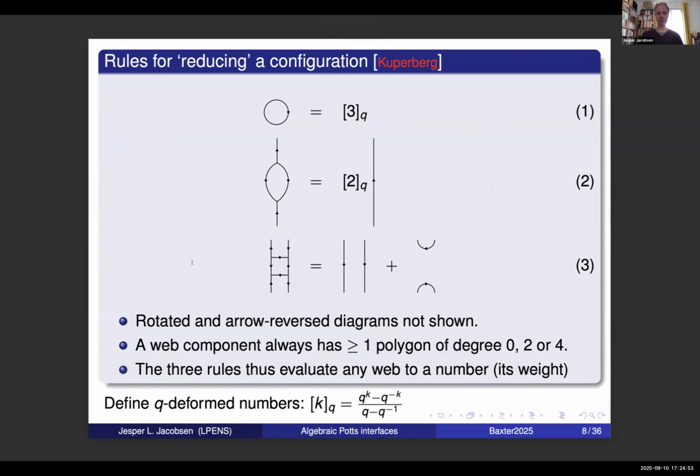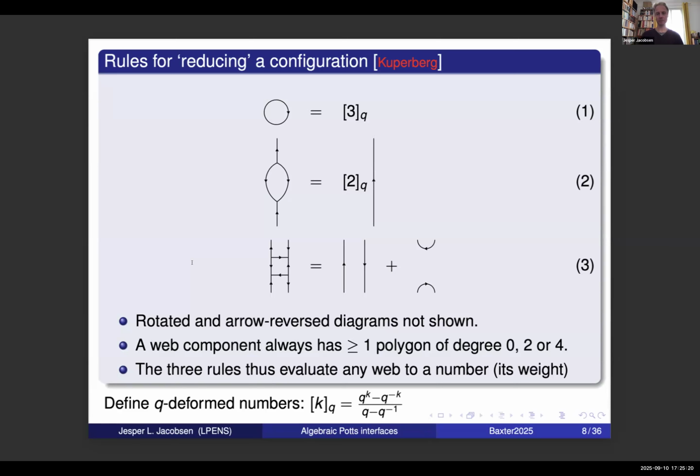So a loop is represented by a quantum number. Quantum numbers are defined on the bottom of the screen by the quantum number 3. If there's a small bubble inside a line, you take it out and replace it by the number 2, but you keep the line. And if there's a square, you replace it by a sum of two diagrams, a bit like in the Temperley-Lieb model.